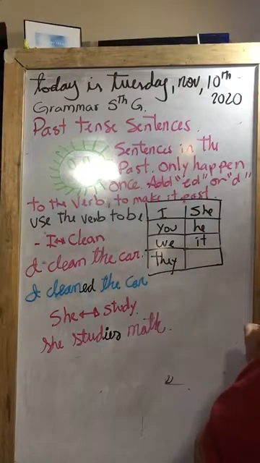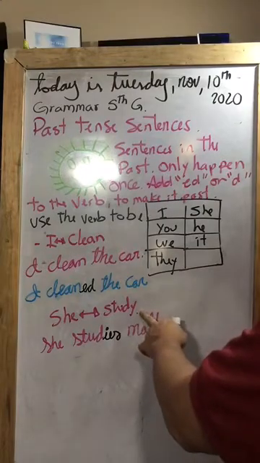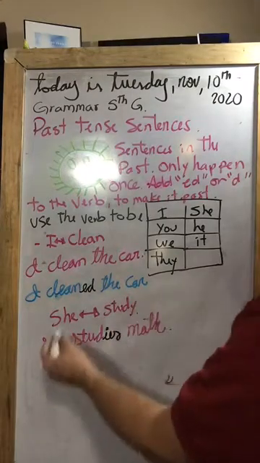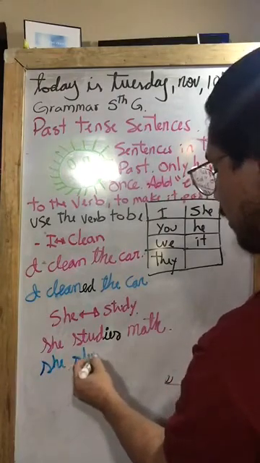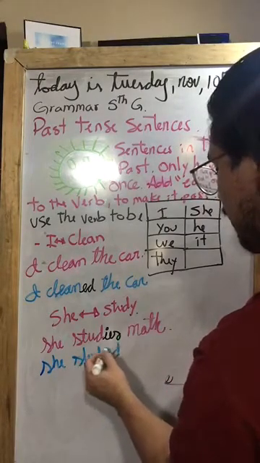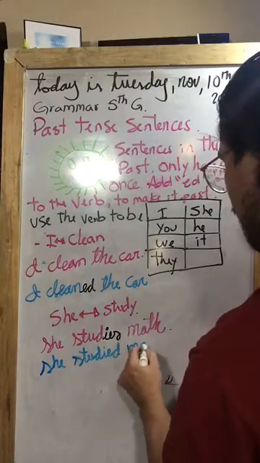And in the past example, it's going to change a little because in the case of y, we have to change the y for i and e. So we write she studied math.